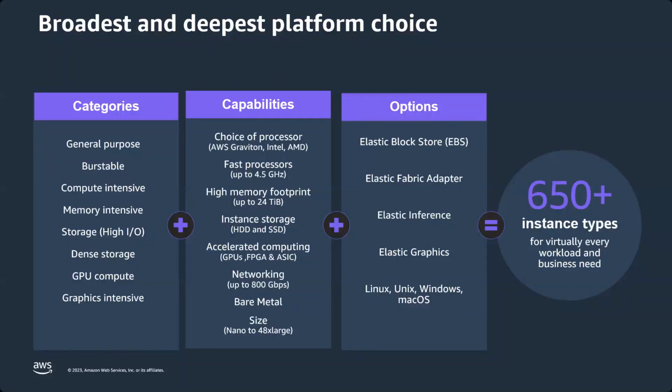So at AWS, we are always innovating to give you new instances with competitive pricing and performance. Because we have over 650 instance types, we are constantly innovating and trying to come up with the best solutions for our customers.